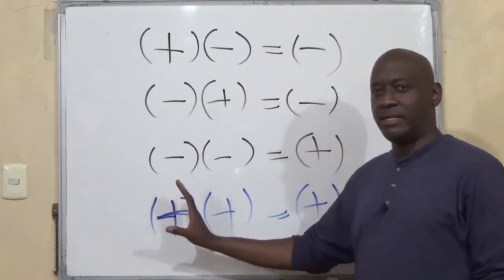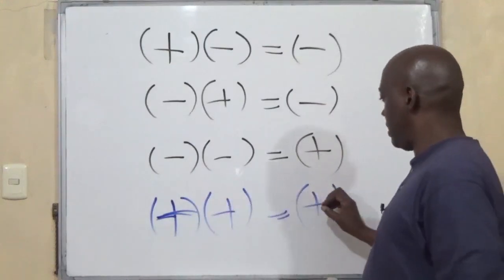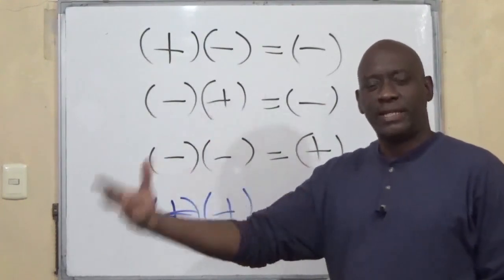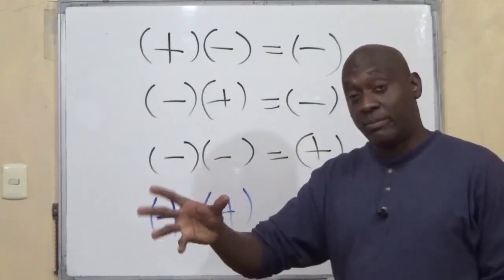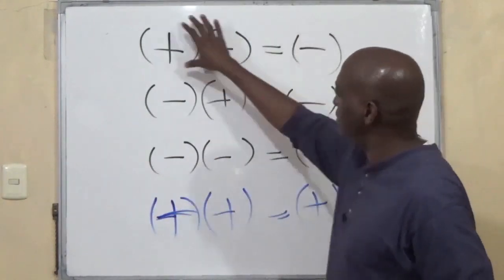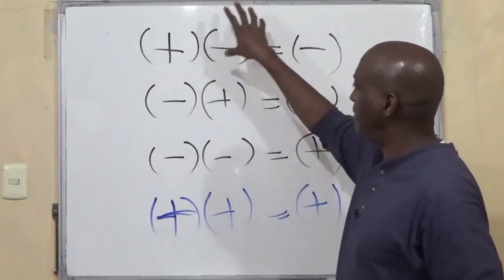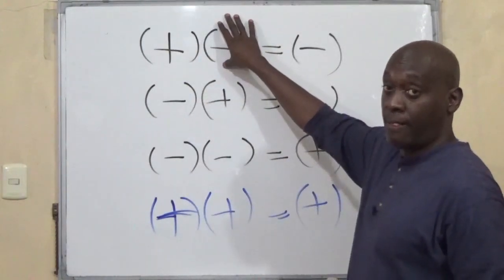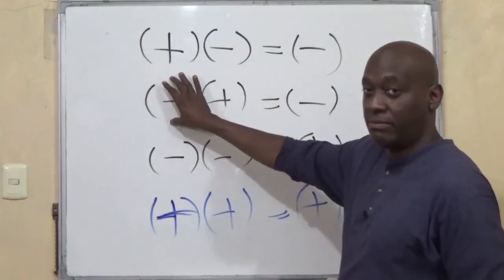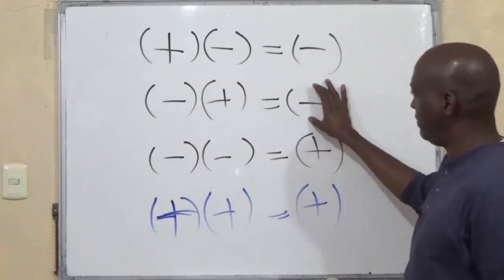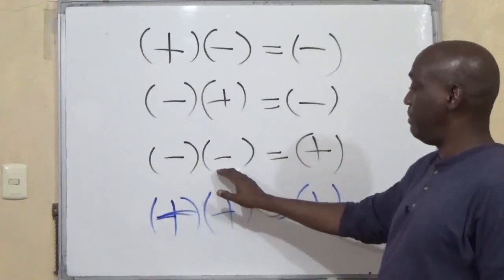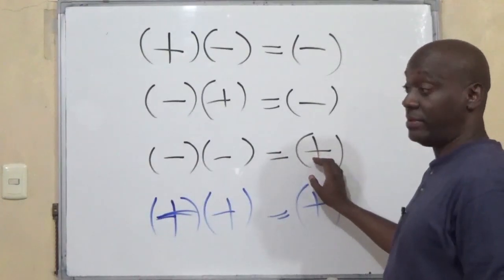This is basically just a revision of multiplication tables, where both numbers are positive. Then we went into this, a positive number multiplied by a negative number to give you a negative number. Then we went over here, a negative number by a positive number to give you a negative number. And then we went over here, a negative number by a negative number to give you a positive number.